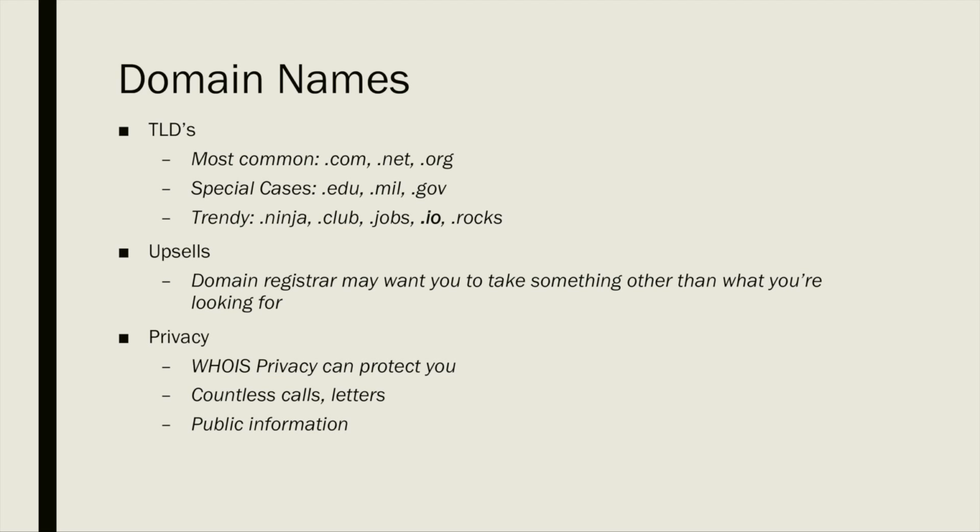When you're shopping for domain names, you want to make sure that your domain name registrar is not going to upsell you on something. If, for example, the domain you're looking for is not available, such as myawesomesite.com, they may say, hey, instead of looking for .com, which is not available, how about .jobs or .house or .club?